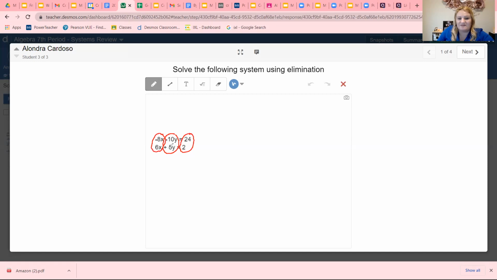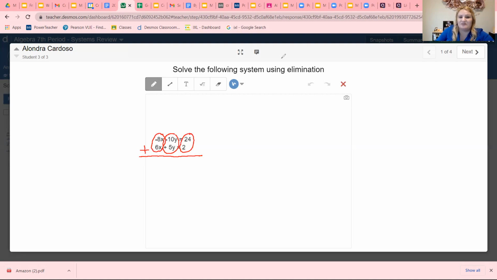This is a positive 5y. I can make both of these a 10 and one be negative and the other one be positive, and then add those together.